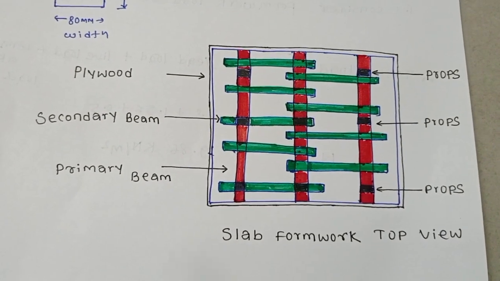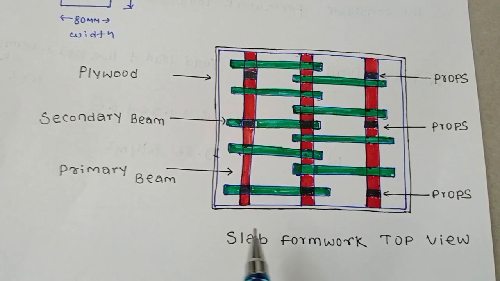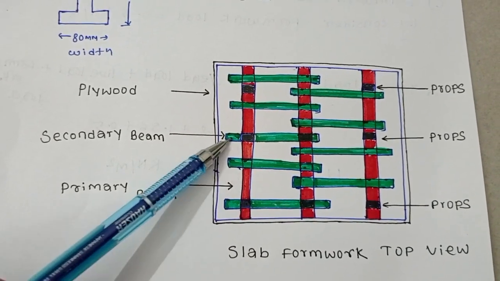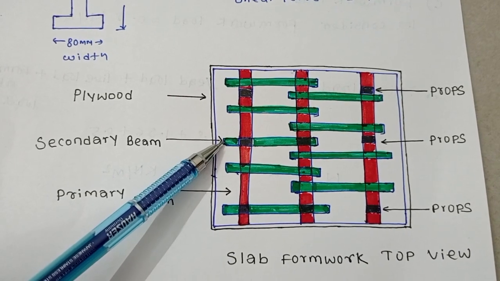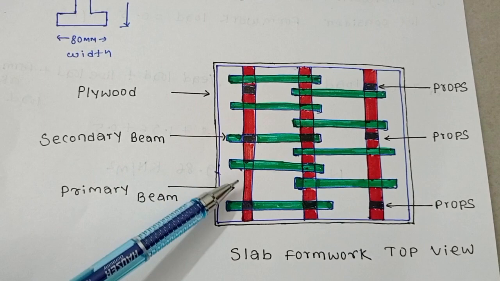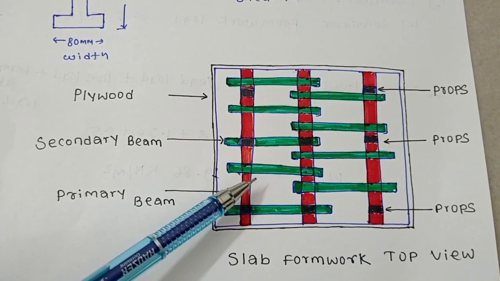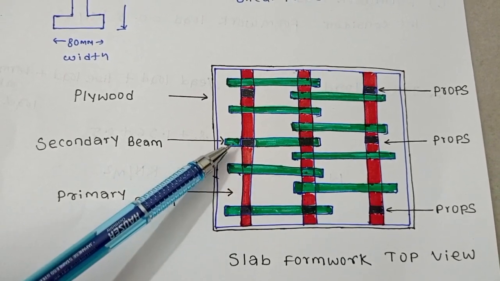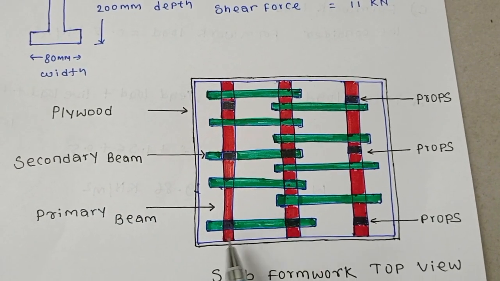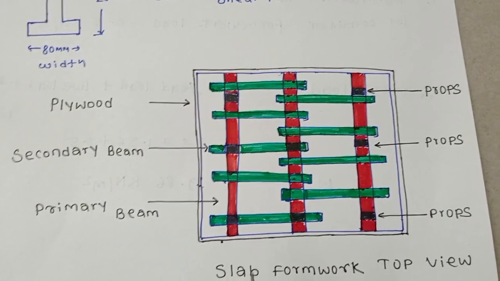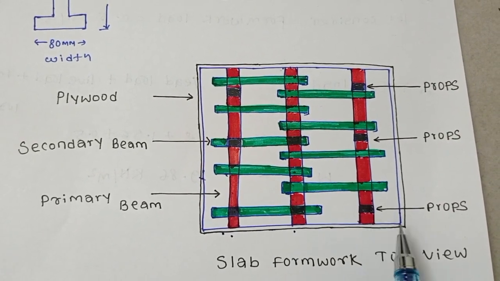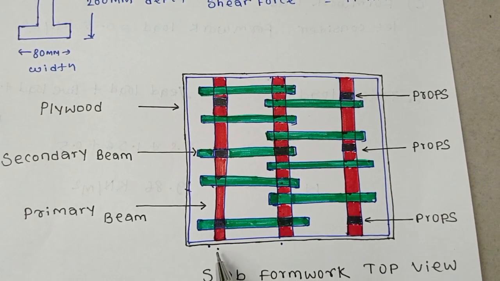As per our design and calculation, we found the value for the secondary beam. This is a secondary beam. From here to here we get a total of 1400 mm spacing, 1.4 meter, which we divide into two parts, 700 mm and 700 mm. Similarly, for the primary beam we found 1.3 meter, from here to here 1.3 meter, and from here to here 1.3 meter.